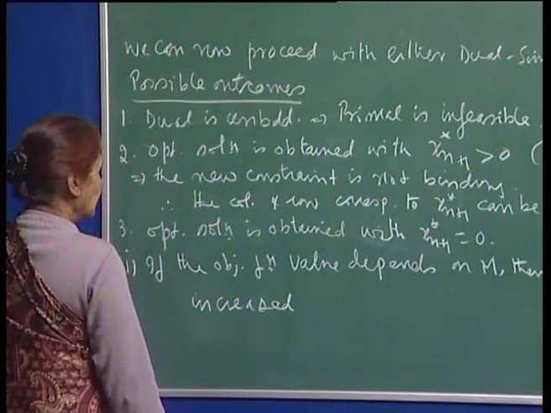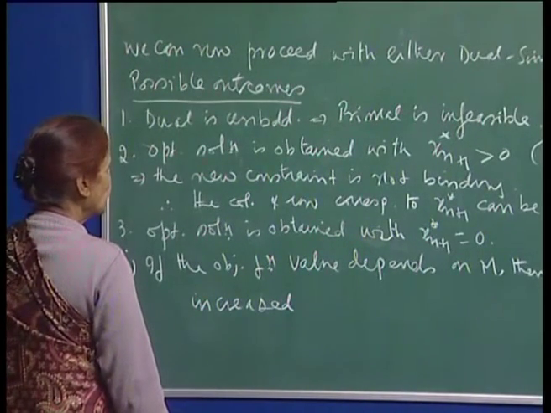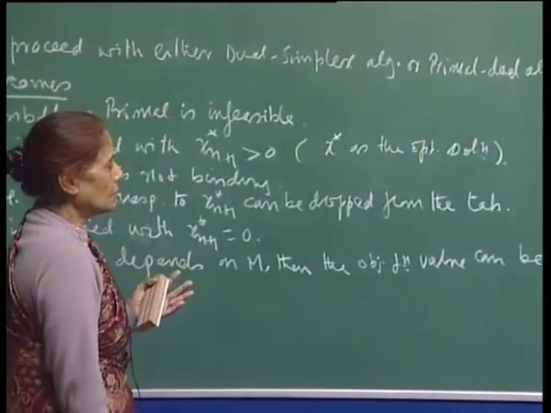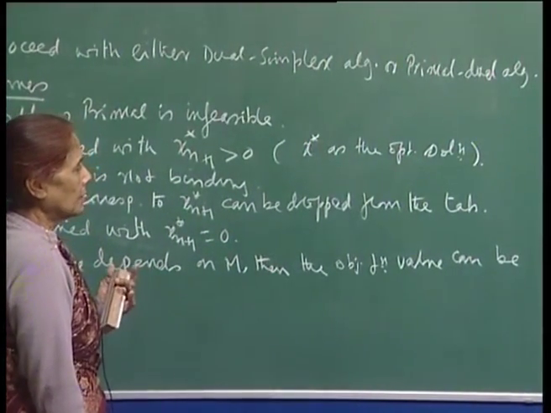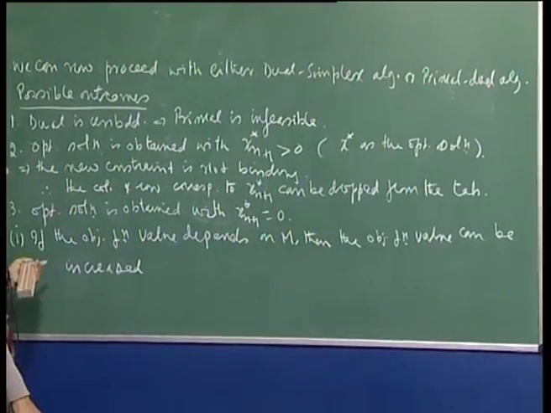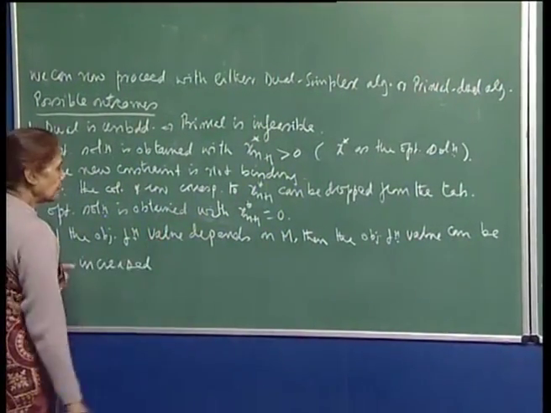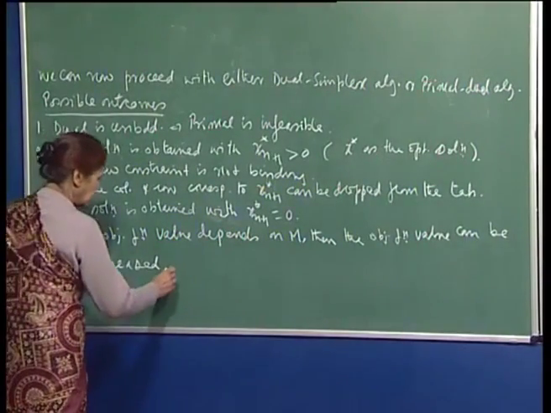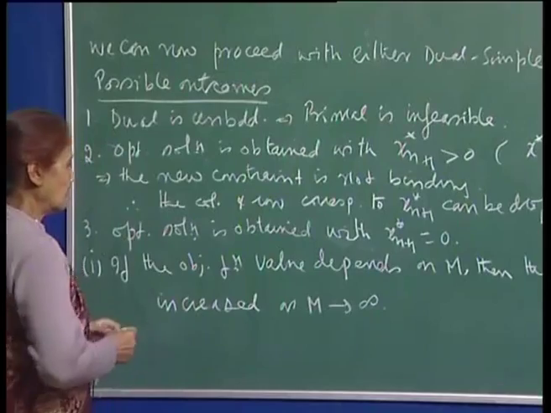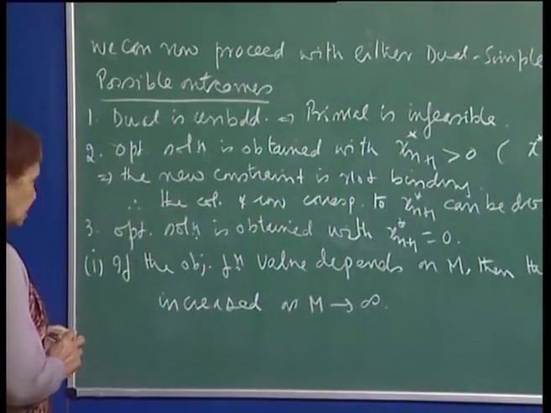Well, at optimality, the two objective function values, the primal and the dual, are the same. We will have to come back to it maybe, and the objective function value can be increased as M goes to infinity, but that will not be proper.